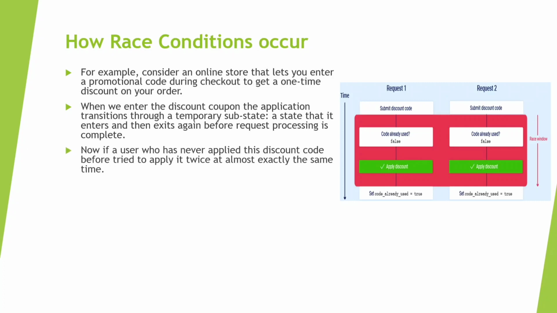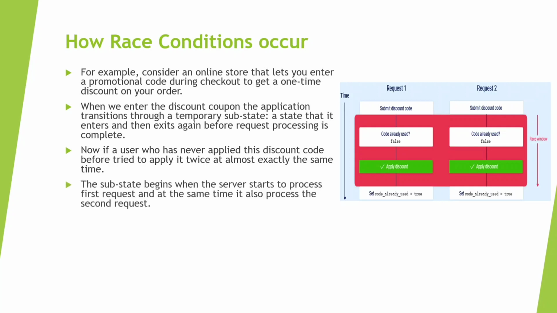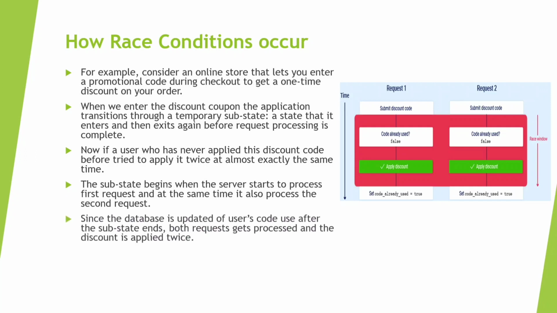So if a user who has not applied that discount code before tries to apply it twice at almost exactly the same time, the substate lets both requests in, and it processes both requests at the same time. When the substate ends, the discount coupon is applied twice, so the discount is also applied twice.